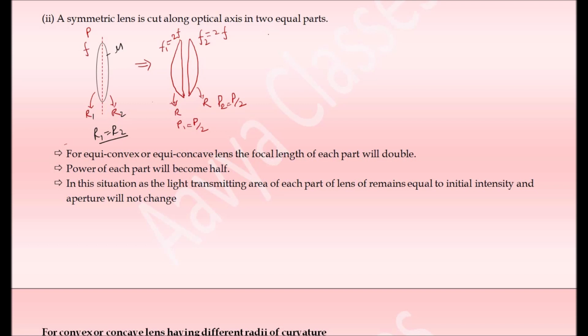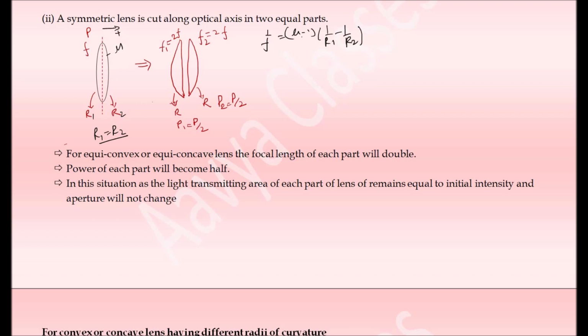So for the original lens, 1 by f is equal to (mu minus 1) into (1 by R1 minus 1 by R2), where R1 and R2 are the radii of curvature of first and second surface. Again, we consider the direction of incident light ray as positive.